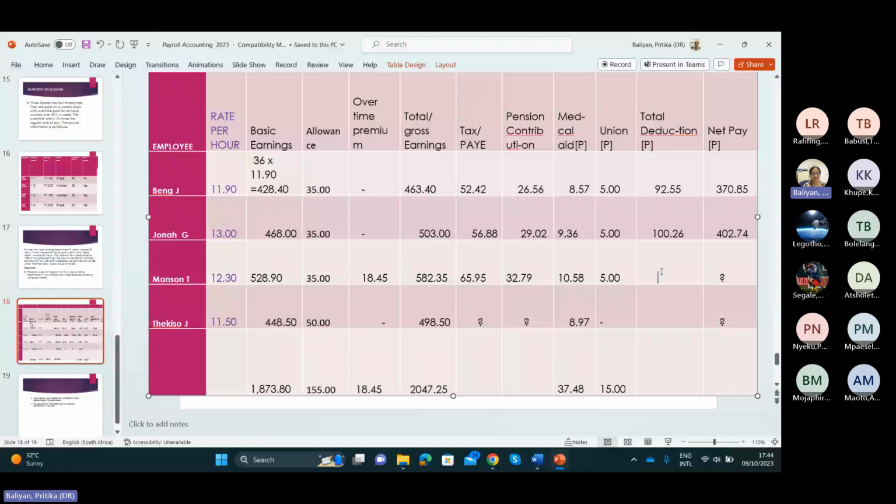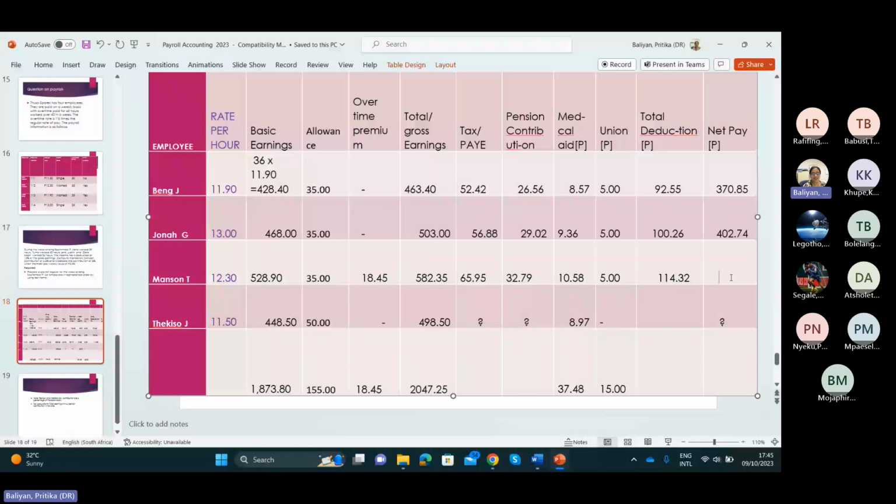The total deduction will be 65.95 plus 32.79 plus 10.58 plus 5. So the total deduction is 114 pula 32 thebe, which we deduct from the total gross earning of 582.35.